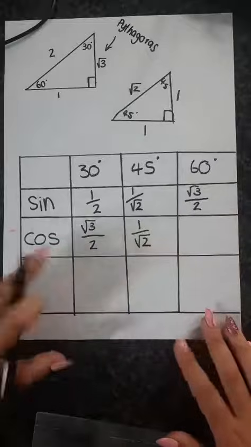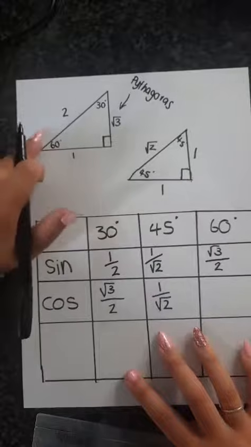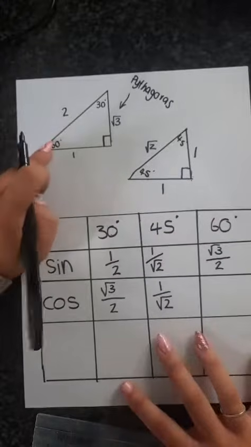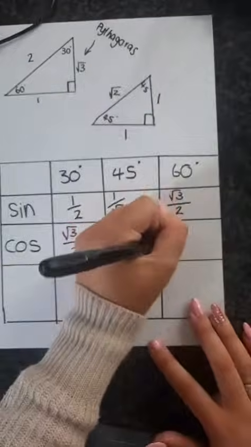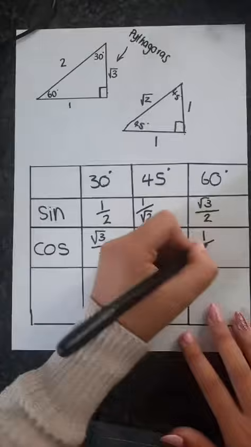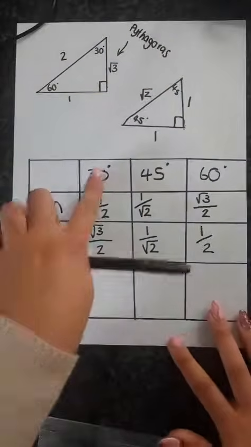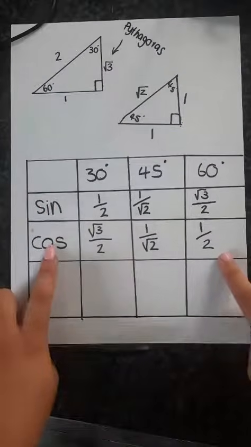Then, cos 60. What is cos, everybody? Adjacent over hypotenuse. What's adjacent to 60? 1. Over hypotenuse, which is 2. Also, just take note, and this is for another lesson, sine 30 is the same thing as cos 60.